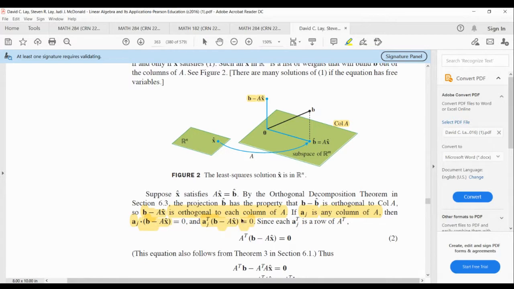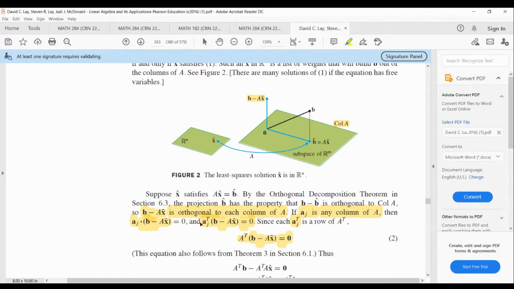Since this is true for every column vector a sub j of the matrix A, we can collectively say that the transpose of the matrix A times the vector b minus A x hat equals the 0 vector. That equation follows from theorem 3 in section 6.1, but intuitively I don't think we need any theorems.